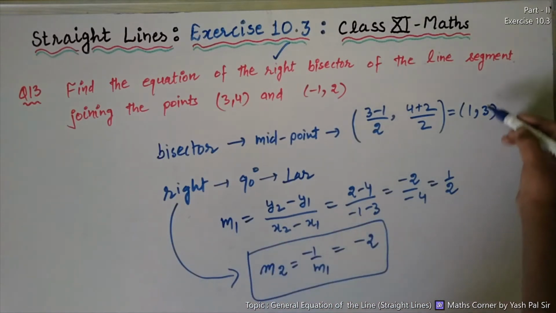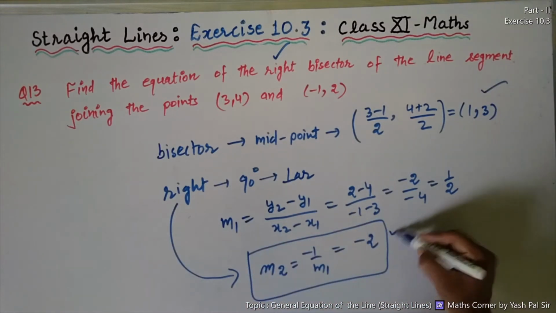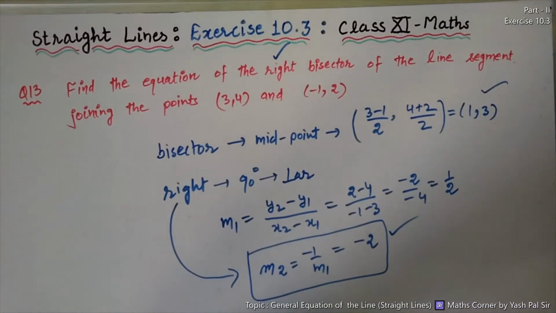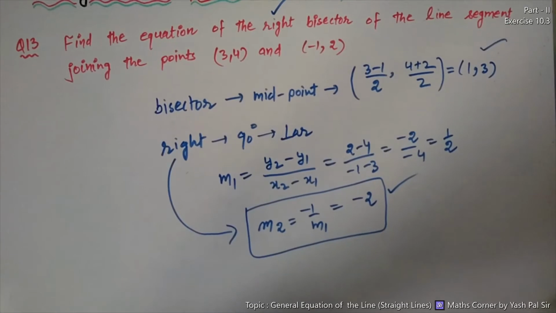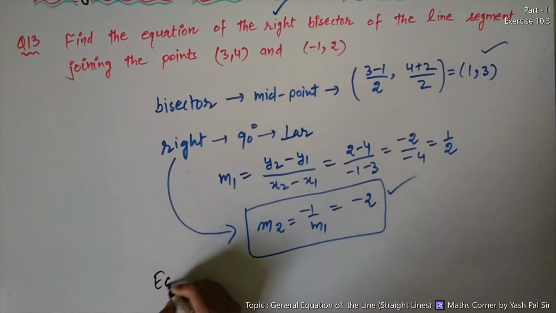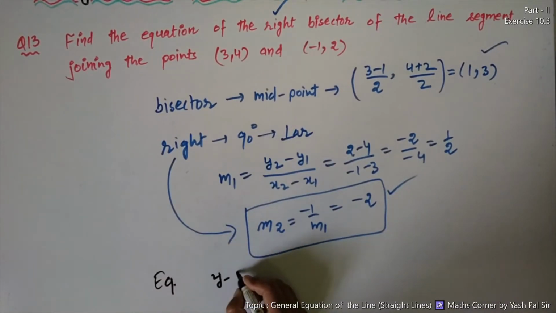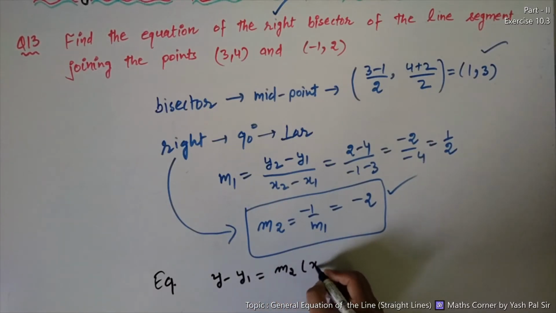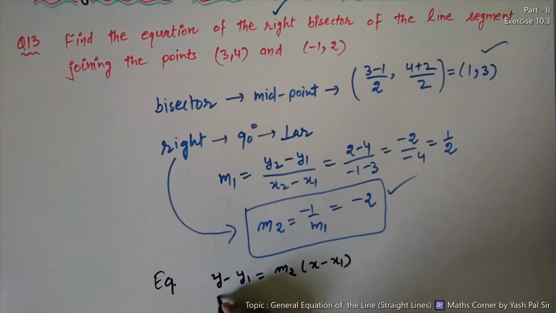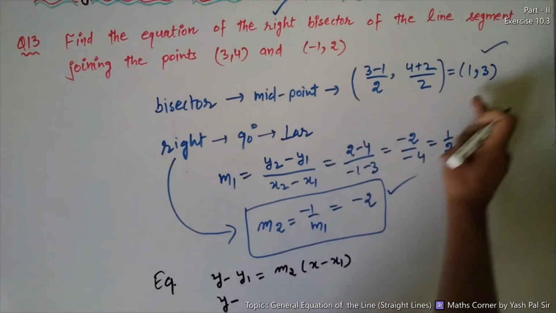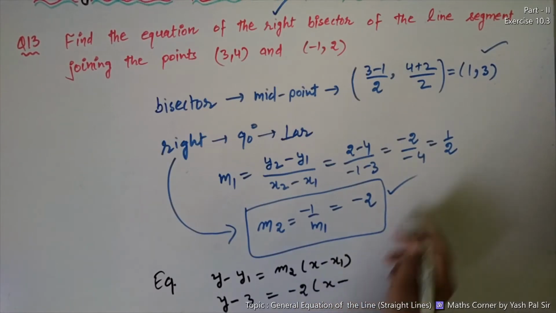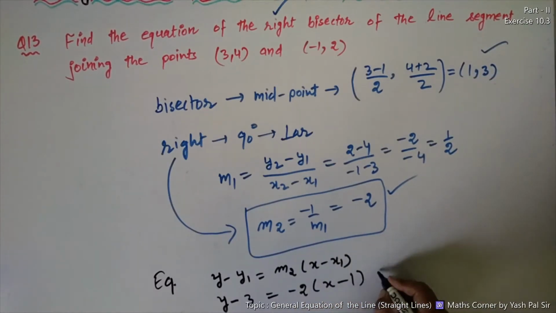Right? Now two things are there. This point is given and the slope is also given. Now easily we can find the equation of the required line. The equation is y minus y1 is equal to slope, which is m2, into x minus x1. y minus y1 is 3, is equal to m2 which is minus 2, x minus x1 is 1.